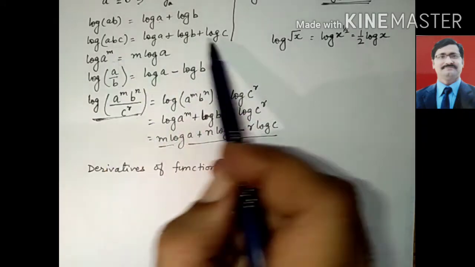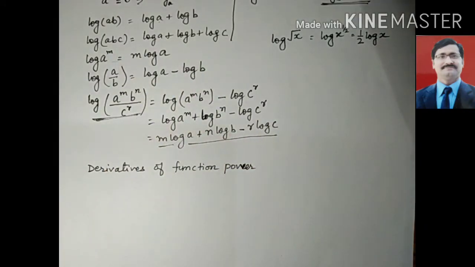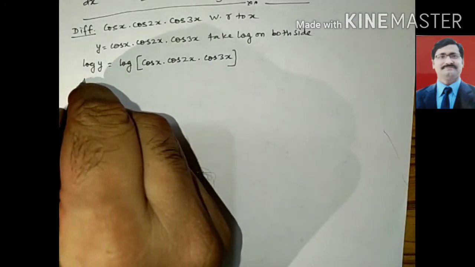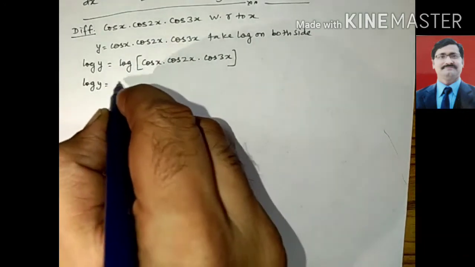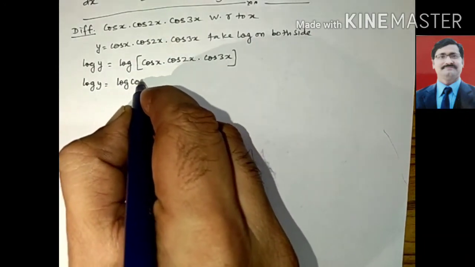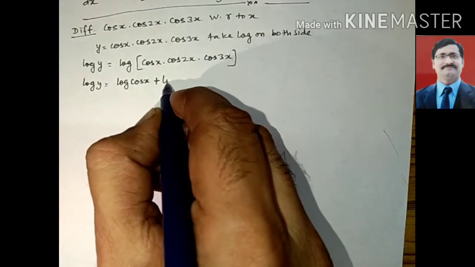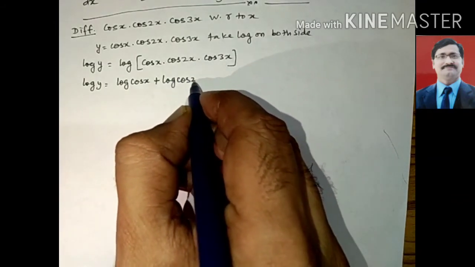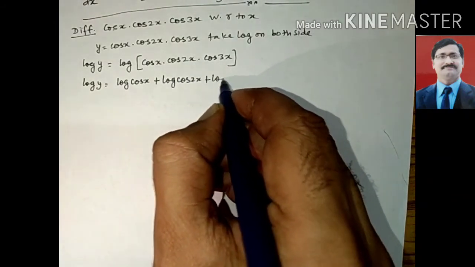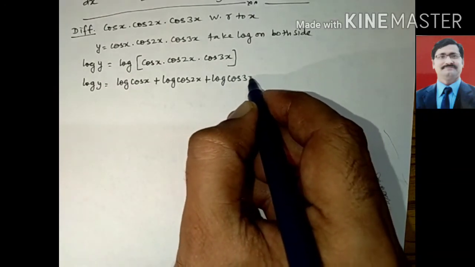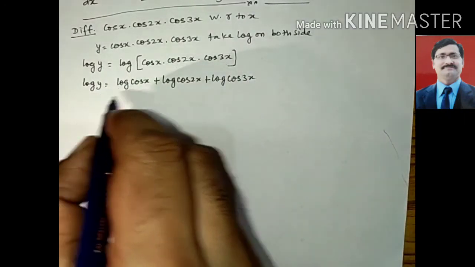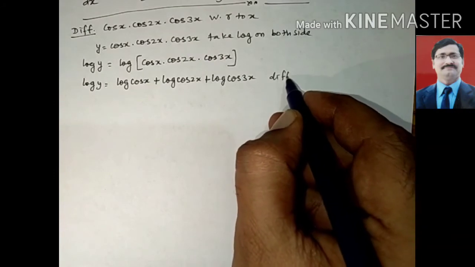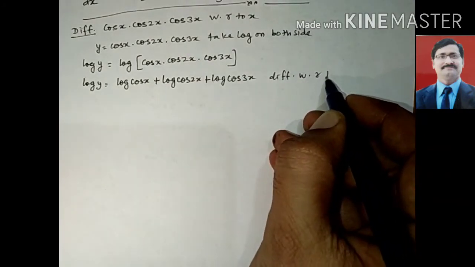So this property you will use here and you can separate them. So we can write here log y equal to log cos x plus log cos 2x plus log cos 3x. Now you differentiate with respect to x.